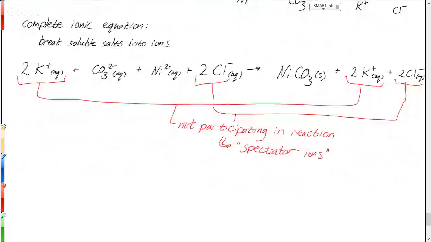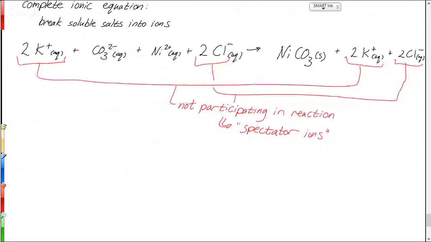And so that gives us our second way of writing, or our third way of writing an aqueous equation, which is called the net ionic equation. Which is only showing the change, the thing that's actually happening in the solution. So in the net ionic equation, you don't show those spectator ions that are just floating around, and you only show what's really happening in the solution.